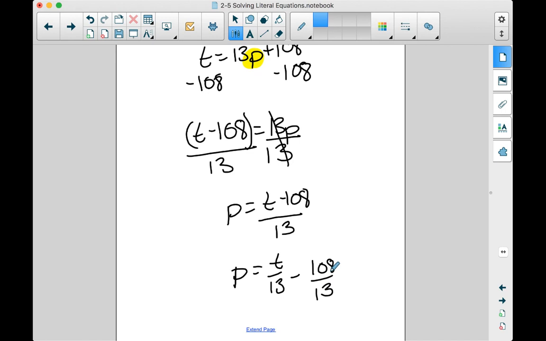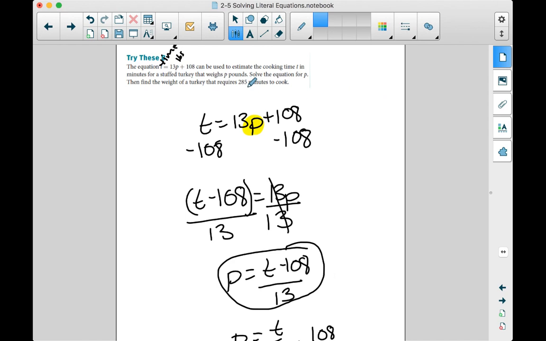If I check it, 108 divided by 13 is a decimal, like a fraction, so I'm just going to leave it. I'm going to use this one right here. So now the second part is asking me to solve the equation for p, then find the weight of a turkey that requires 285 minutes to cook.